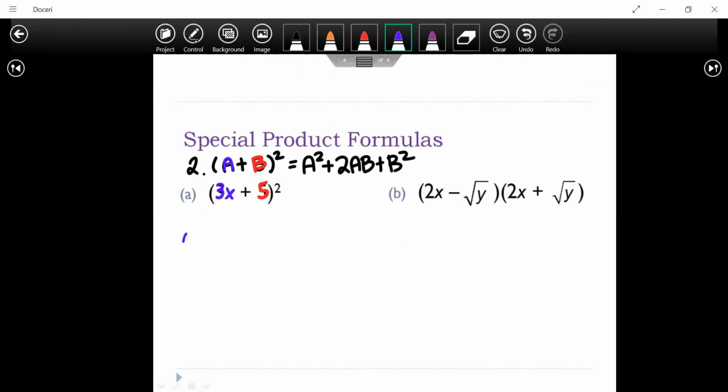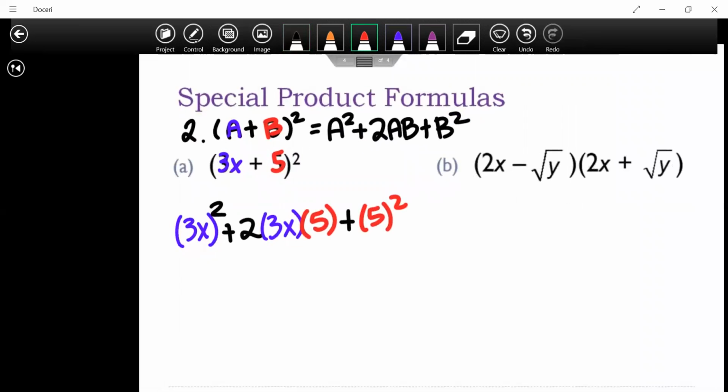The first one being 3x squared, plus 2 times my a, which is 3x, times my b, which is 5, and then plus b, which happens to be 5 squared. These are cool little tricks you can use to solve them instead of having to separate them and FOIL them all the way. You could just use them directly and it'll work out nicely.